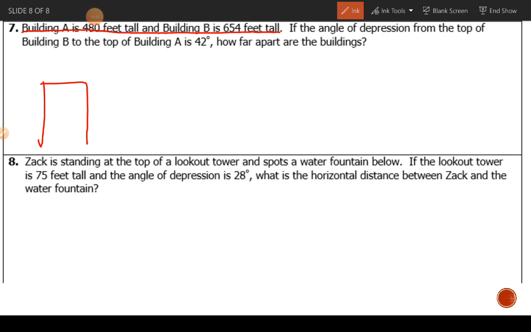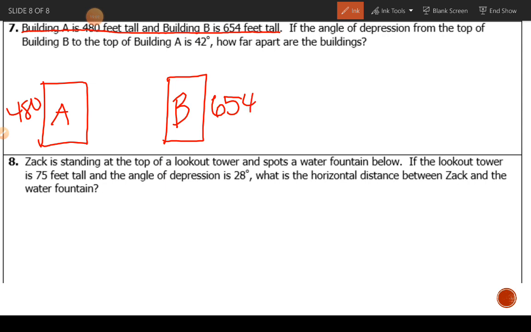So let's go ahead and just draw that. So we have A, and then we have B. And A is 480 feet, and B is 654 feet. Okay, so if the angle of depression from the top of building B to the building is 42 degrees, how far apart are the buildings?